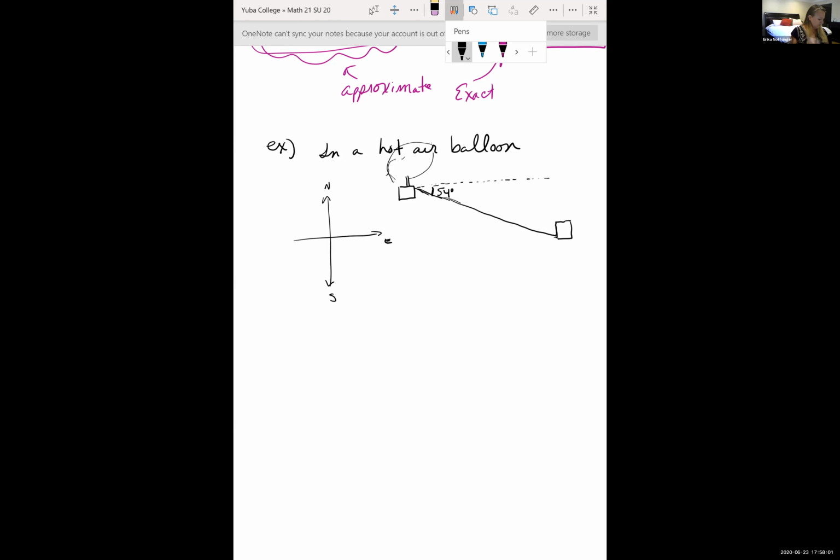So after traveling 100 feet east, look at the angle of depression again, but this time it was 61 degrees.